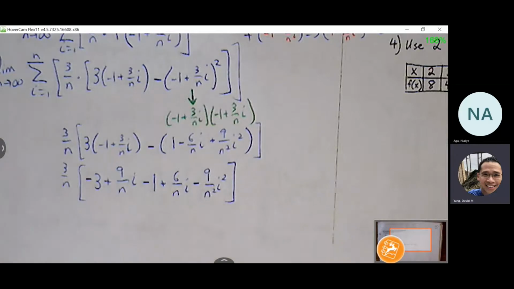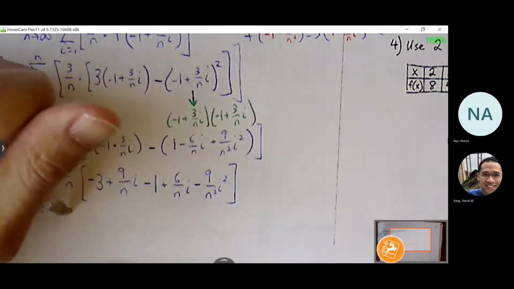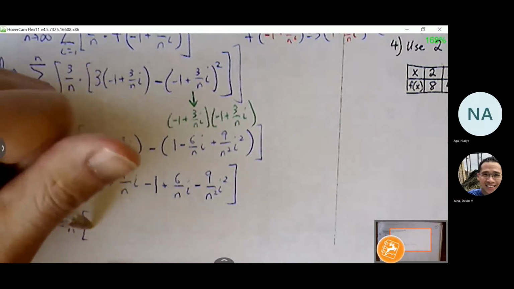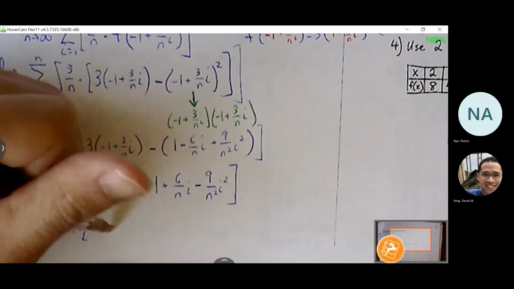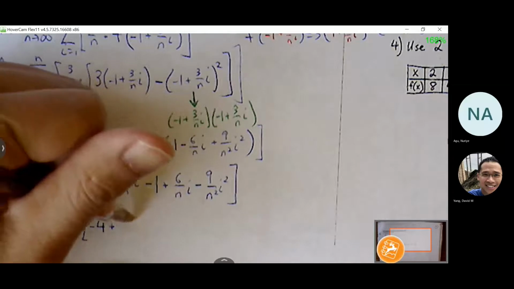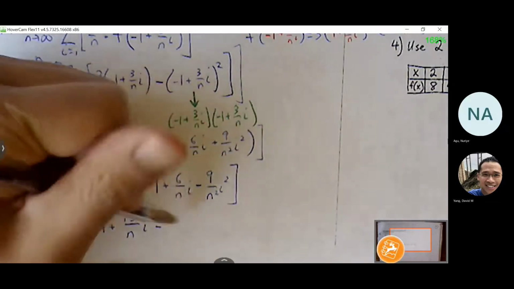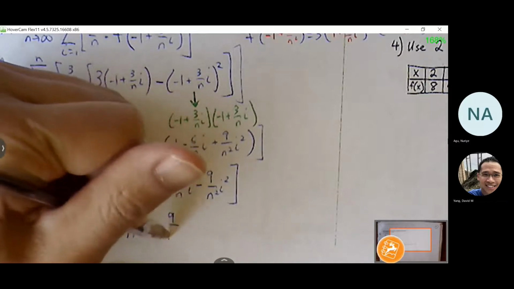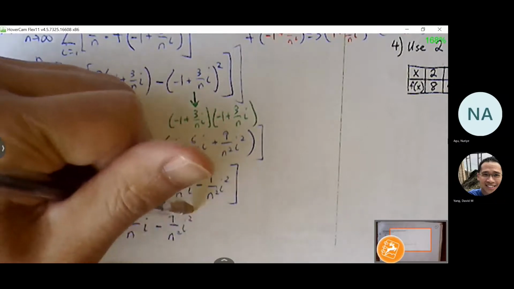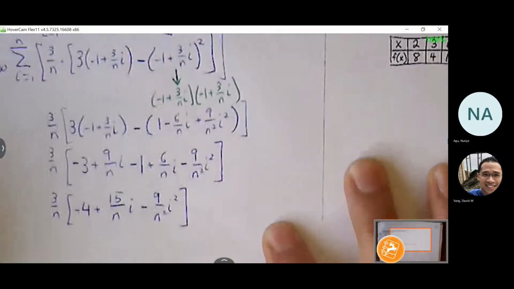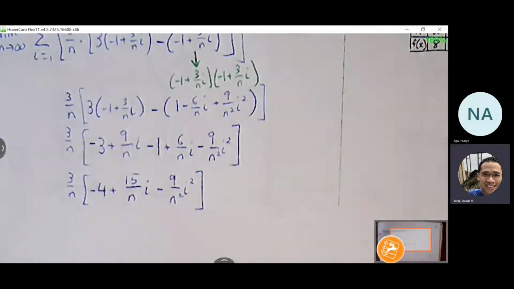Combine like terms. Okay, so things are cleaning up here. Any questions so far?